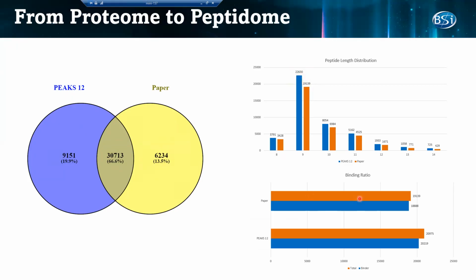And also, we compared the binding ratio here. You can see that for PEAKS 12, we report more results. And even for the binding ratio for this NIMA, they are also very close, around 97 or 98%. So based on this, we know that PEAKS reports more peptides, and the result should also be the correct one.